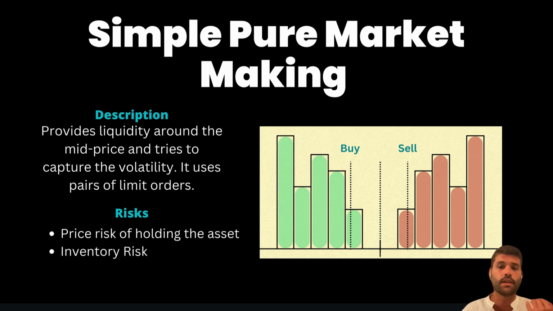So if you have a lot of filled buy orders, you are going to start holding a lot of base asset, and that is a huge risk in terms of exposure. There are several ways of managing this or trying to improve and control the risk of your inventory.